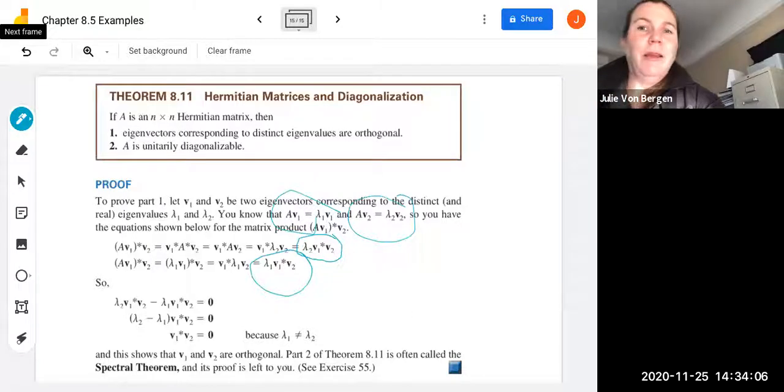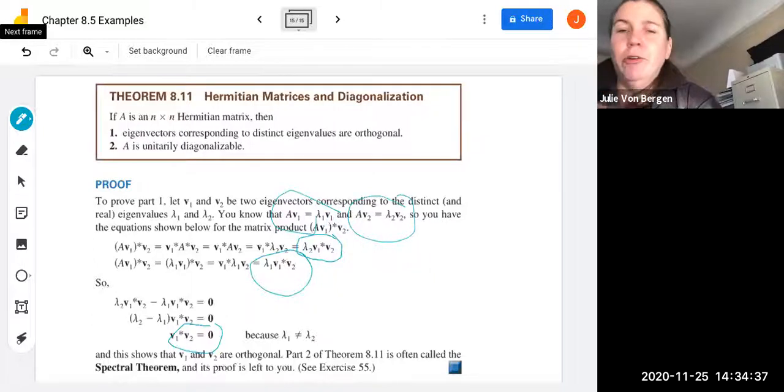So that just tells us lambda 1 minus lambda 2, quantity, multiplied by v1 conjugate transpose multiplied by v2 is 0. So we know lambda 1 minus lambda 2 is not 0 because lambda 1 and lambda 2 are distinct real eigenvalues. So that tells us v1 conjugate transpose multiplied by v2 is 0. So this shows the orthogonality: eigenvectors v1 and v2 are orthogonal.